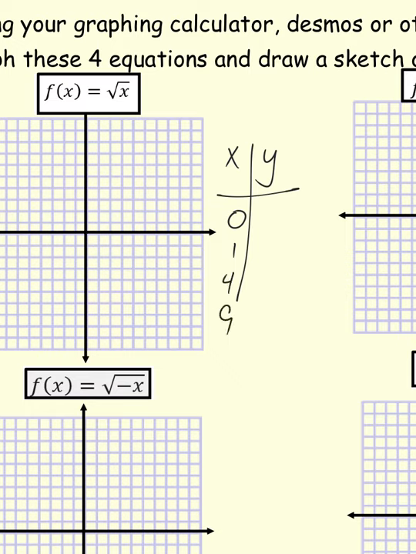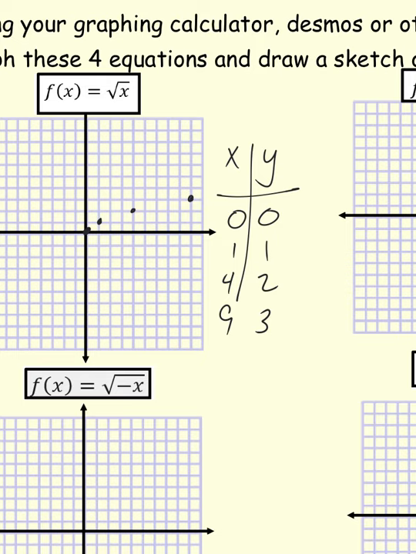I'm choosing those numbers because the square root of 0 is 0, square root of 1 is 1, square root of 4 is 2, square root of 9 is 3. So the numbers come out nicely versus using root 2, approximately 1.41, where the decimal goes on forever. So our original graph for the root of x looks something like this.